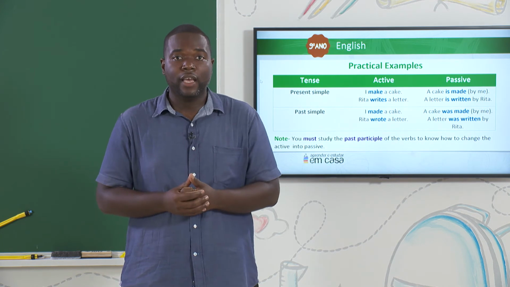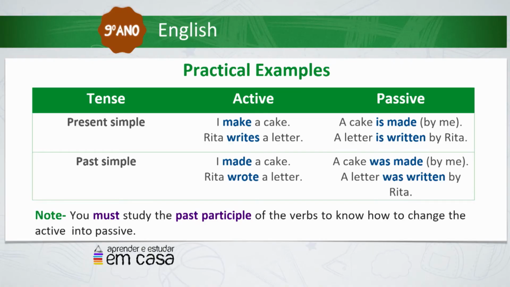Let's see the second example. In the second example, you have Rita wrote a letter. Now, this, again, is the same sentence as in the present simple, but now the verb is in the past simple. So, Rita wrote a letter. This is the active. Rita is the subject, wrote is the verb, and a letter is the object.